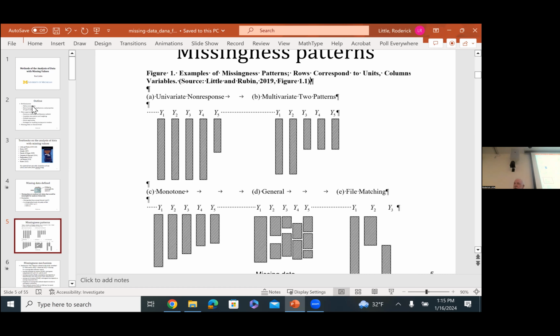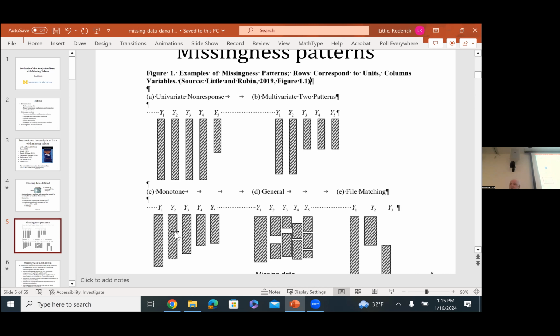In unit non-response in the survey setting, you often get a pattern like that, because for people for whom you don't get any of the survey information, they're missing all the items, but for the others you have them observed. Then there's the monotone pattern. As you go along the data matrix, you get more and more missing values, and those Y's could be sets of variables. They don't have to be a single variable.